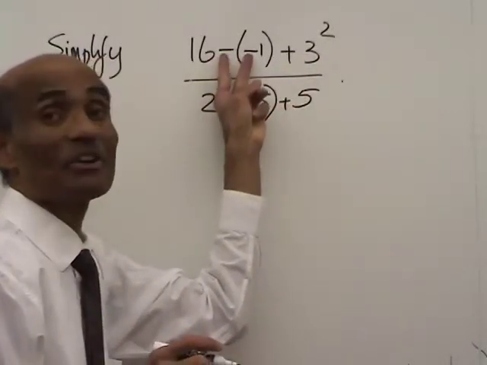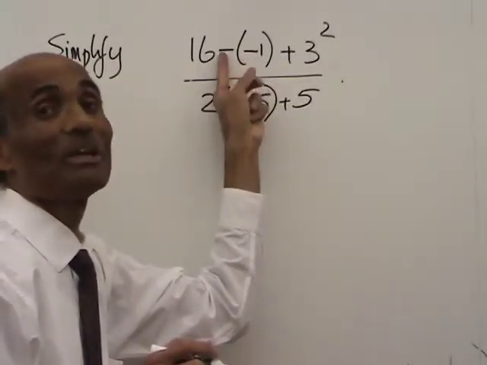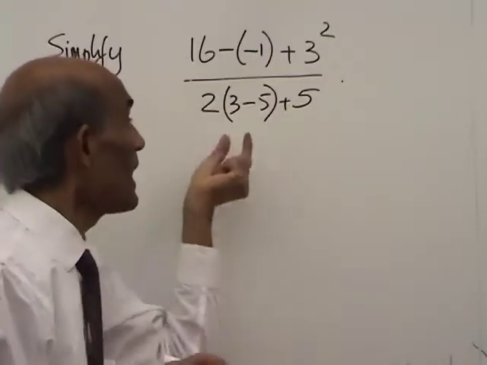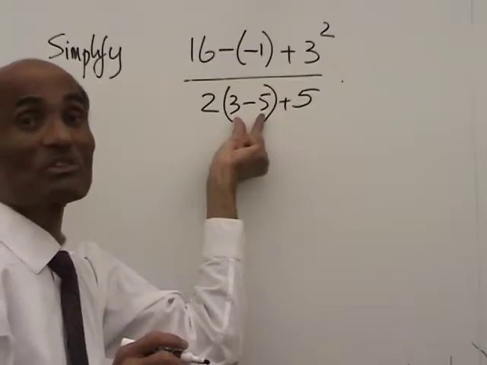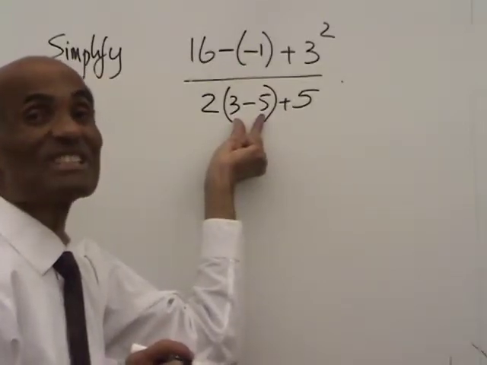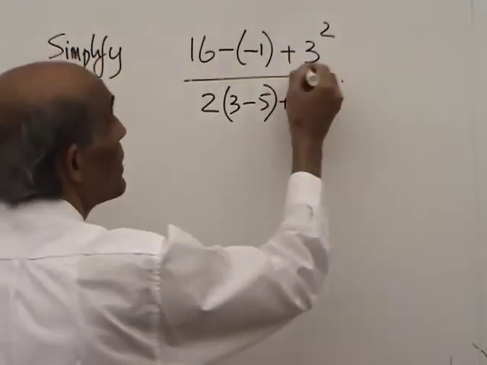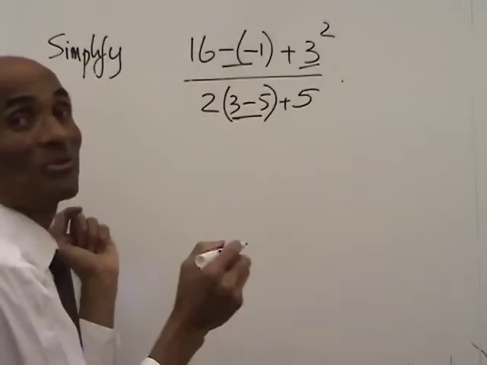And here you can apply the double negative. Minus multiplied by minus will be positive. And inside the parentheses, you can evaluate 3 minus 5 is -2. So those are the 3 things we are going to do. We will do this, we will do this, and then we will do that.